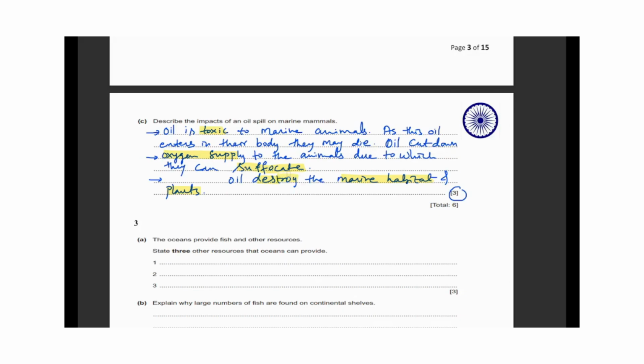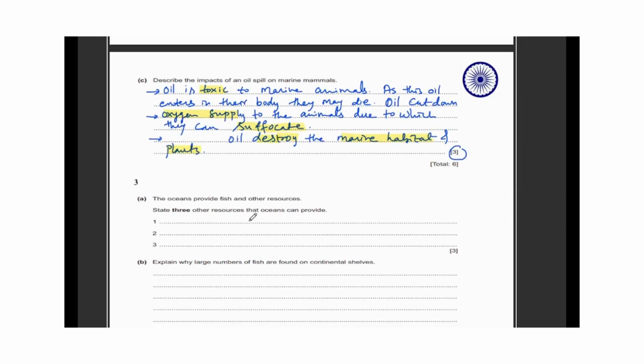Okay, now moving to the next question. Oceans provide fish and other resources. What are the other resources that oceans can provide? Please remember, they are talking about resources that we get from the ocean. I think this is a very easy part of EVM. What are the 3 resources that we get from the ocean?